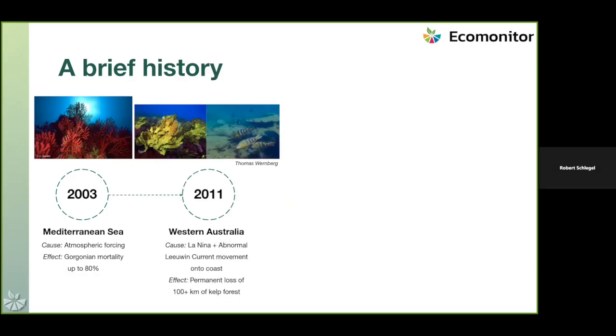It wasn't several more years until 2011 when there was still on record one of the most intense, longest lasting open ocean marine heat waves off the coast of Western Australia. This wiped out hundreds of kilometers of kelp forest, which have not come back. This is an example in the literature, and there are a few now, of extreme category marine heat waves that wipe out a local ecosystem.